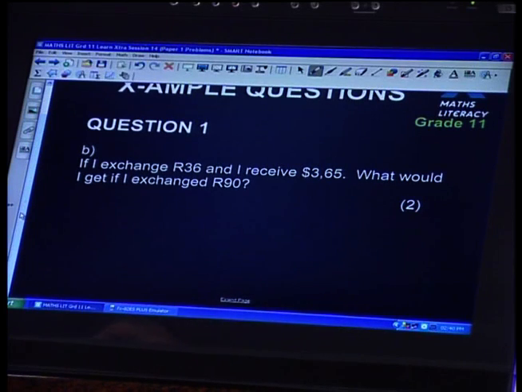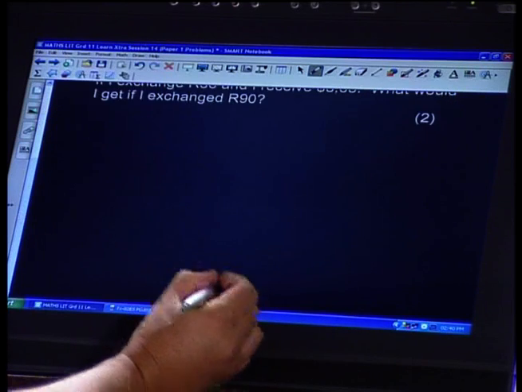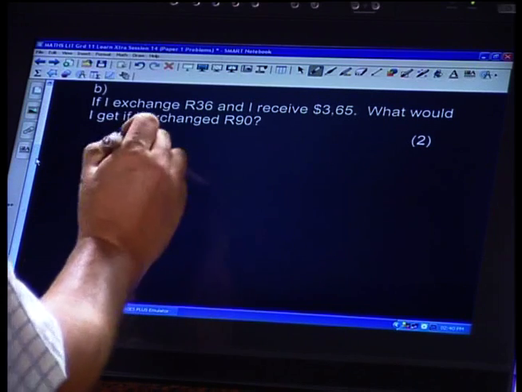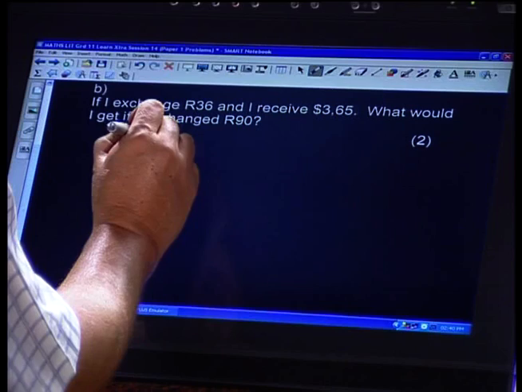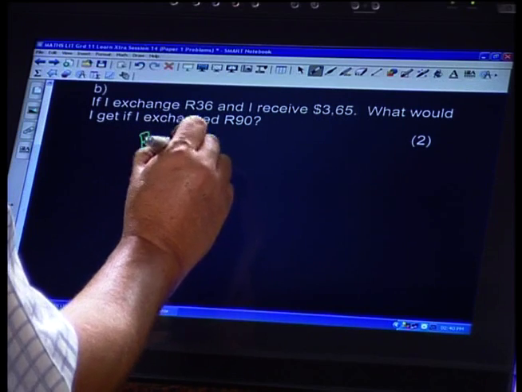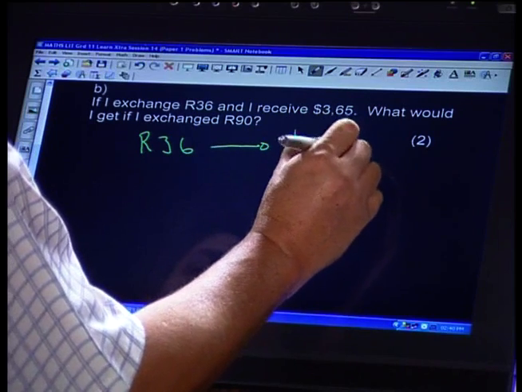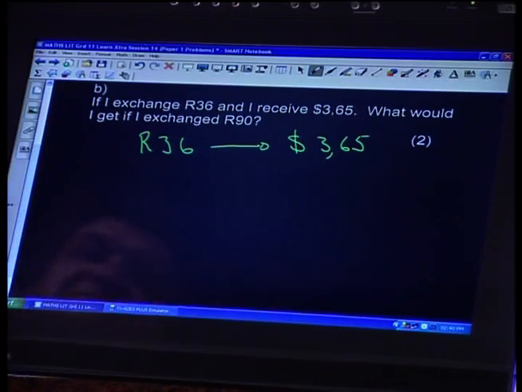Next question. If I exchange 36 Rand and I receive $3.65, what would I get if I exchanged 90 Rand? Sure, that's quite a question, eh? So let's have a look at it. I've got 36 Rand, and for that 36 Rand, I'm getting $3.65.